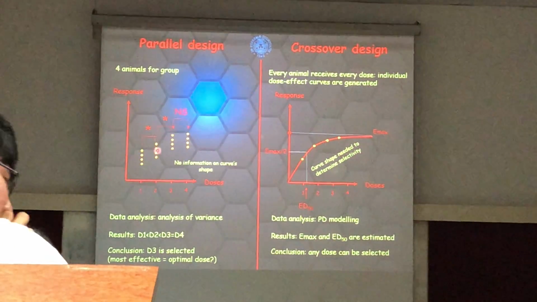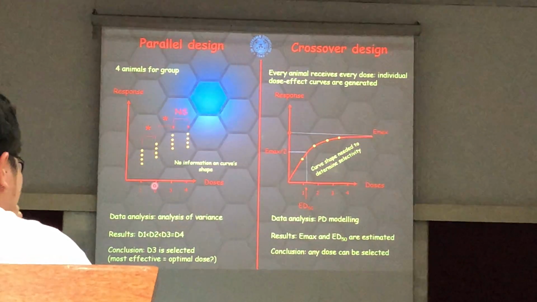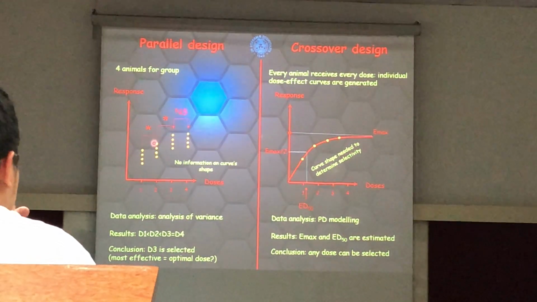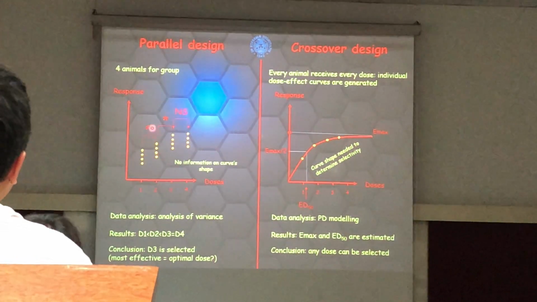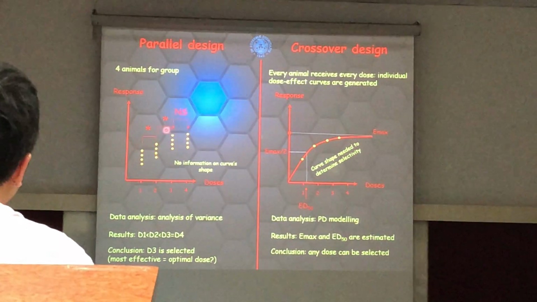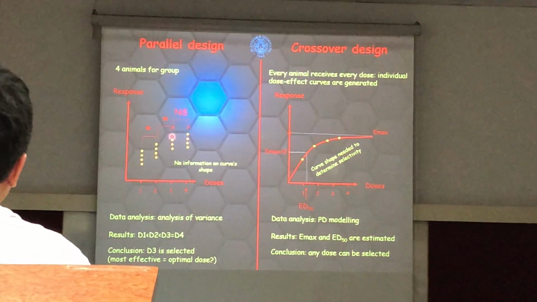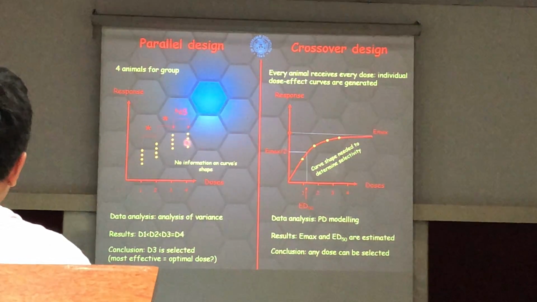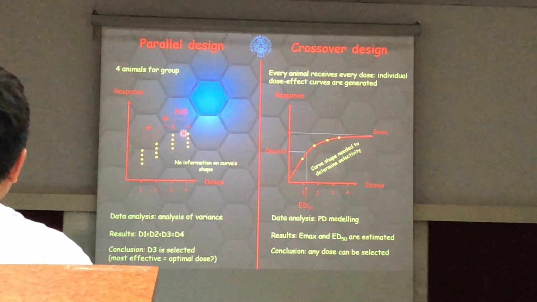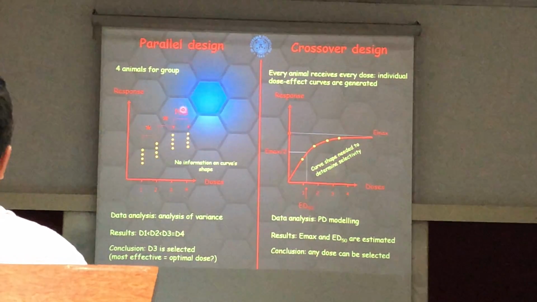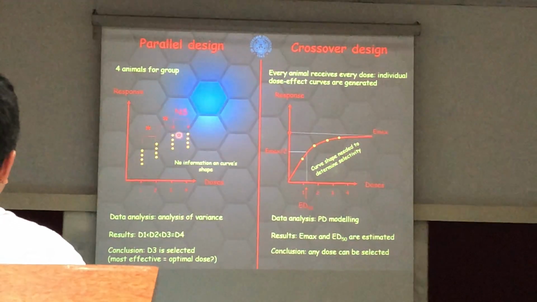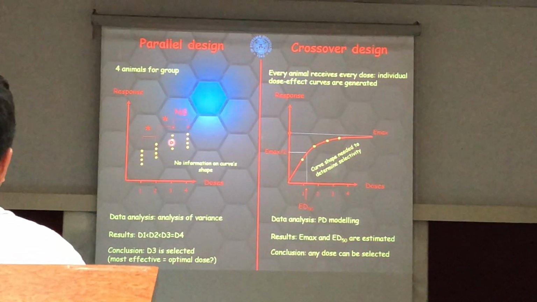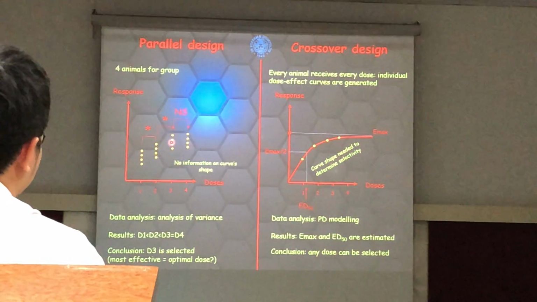If we administered the second dose, or twice the previous dose, we have an increase in the response, and you see the significance of the result. The third and higher dose still significant, and you can see here that the fourth dose is not statistically significant with the third. So it means that here I have achieved the maximum effect.